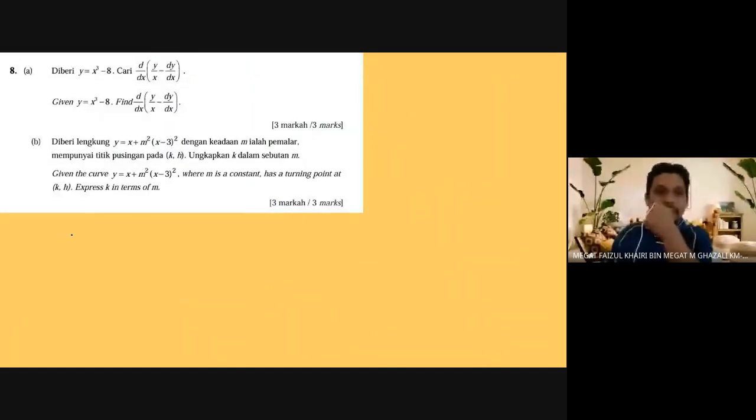Okay, so now we have y equals x cubed minus 8.